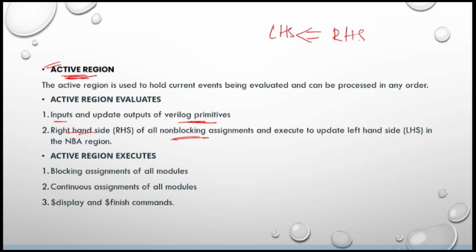Is it or not? So everything that is written inside the RHS expression will be evaluated in the active region itself. And also when you take any assign statements, continuous assignments of all modules, similarly blocking assignments, similarly $display, $finish commands, all these will be executed and evaluated in the active region itself.